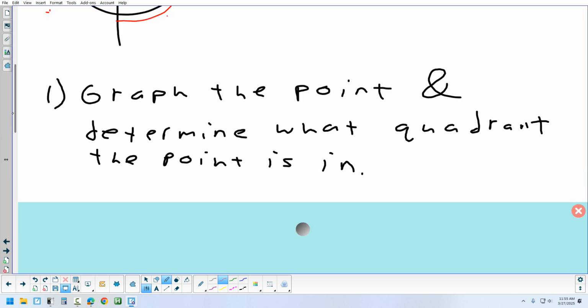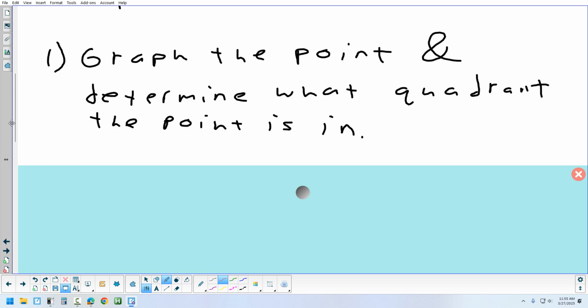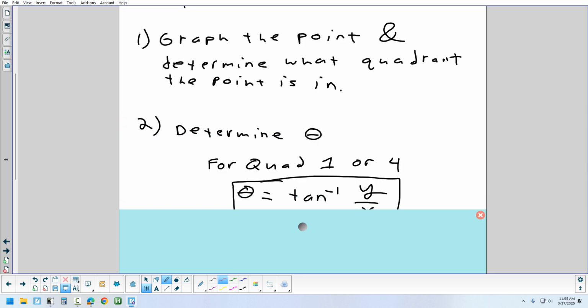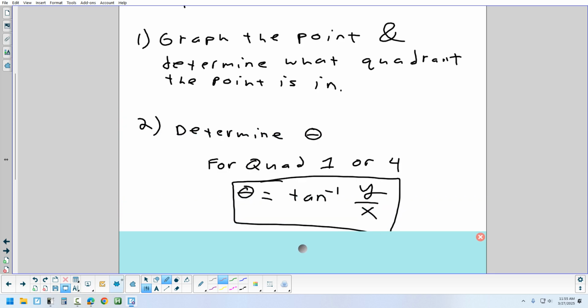Okay. So the first thing you need is you have to know your quadrant, because the formula depends a little bit on the quadrant. If you are in quadrants 1 or 4, you can use the inverse tangent of y over x.